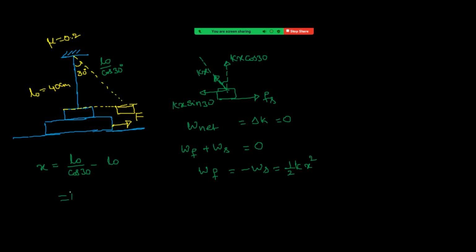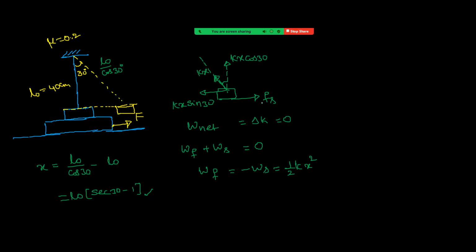So it is L naught into secant 30 minus 1. So the x value is known. Now we want the k value. To find the k value, we are given one condition. You can see that it starts sliding when angle equals 30. Now see carefully.